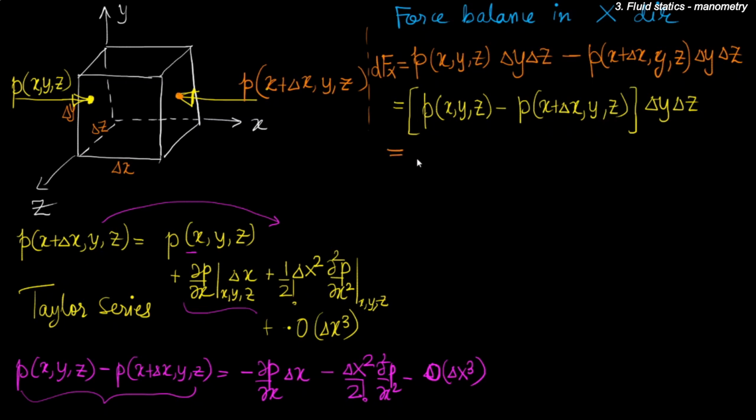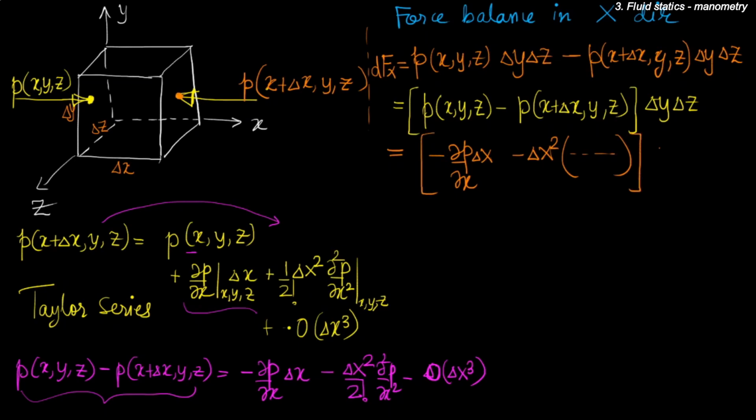And thus we obtain over here, if you substitute this particular expression, we will have minus del P del x delta x minus delta x square, so minus delta x square times something. All the other terms will be higher powers of delta x square.